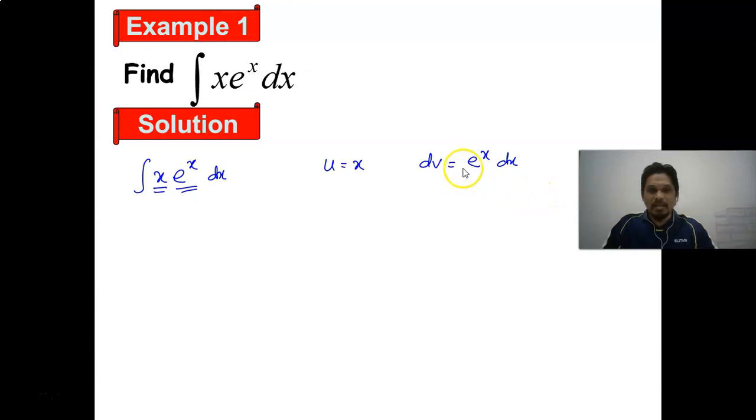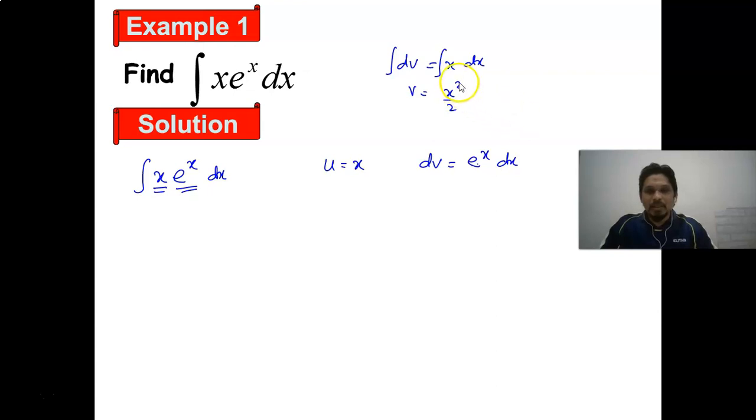The reason that I chose e power x dx as our dv is because, if I choose x, let's say dv equal to x dx, then when I integrate left and right here, v equal to x squared divided by 2.